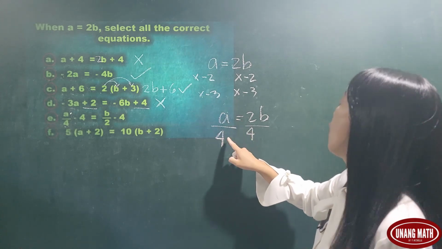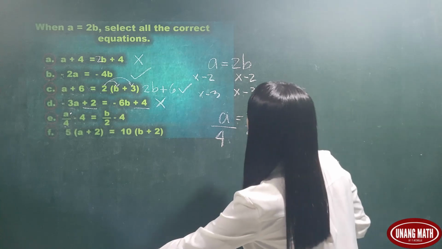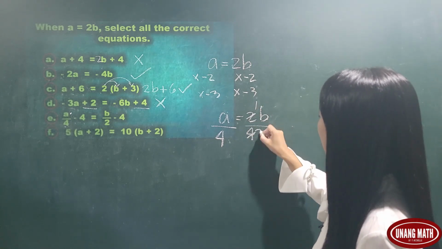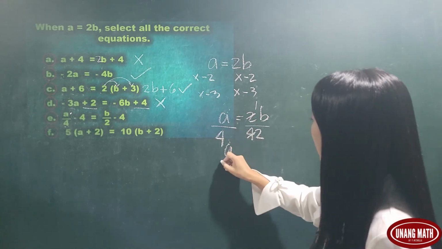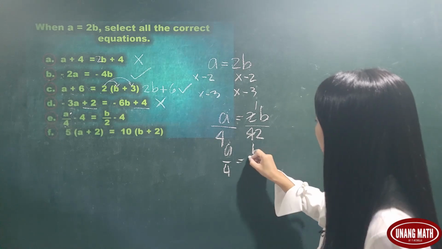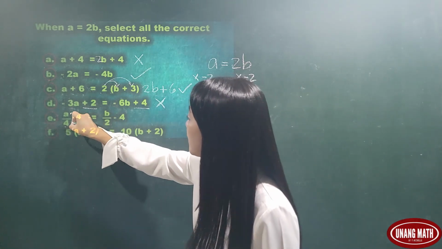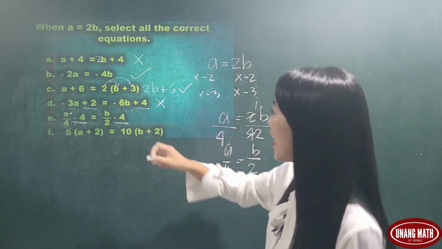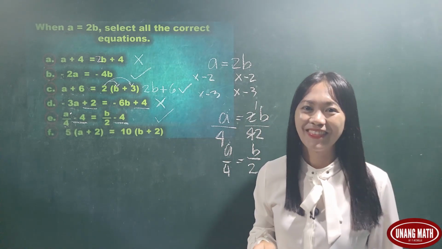Okay, so A over 4 is equal to 2B over 4. But we can simplify 2 over 4. So this is 1/2. So A over 4 is equal to B over 2. This is minus 4. This is also minus 4. So that means equation E is correct.